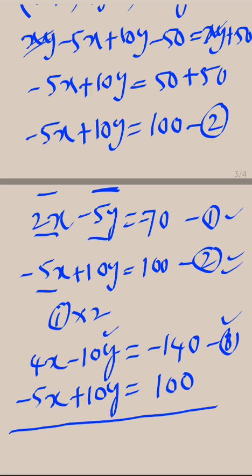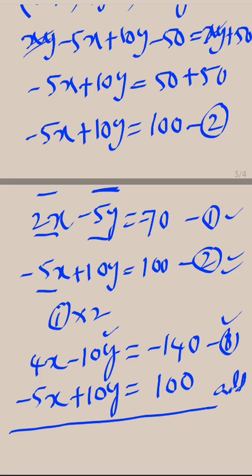If signs are different, we have to add the two given equations, right? So the signs are different, one is minus, another one is plus, then we have to add. If both are the same, either minus or plus, then we have to subtract. When we are subtracting, the second equation's signs will be changed, but here we have to add. Already one is negative, another one is positive, opposite signs are there, so we have to add it.